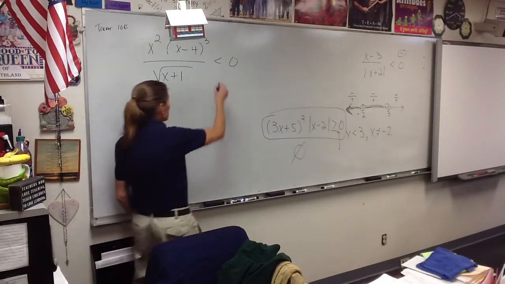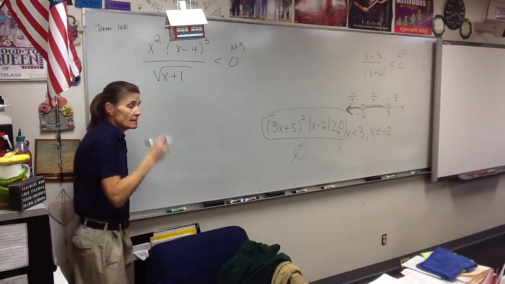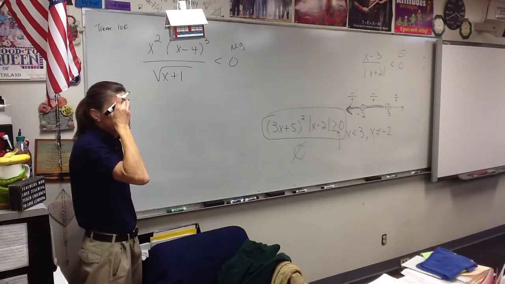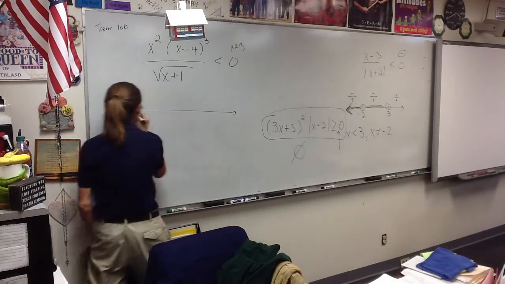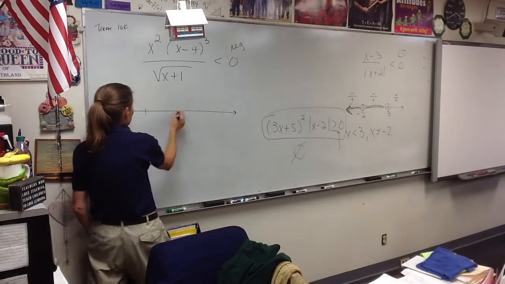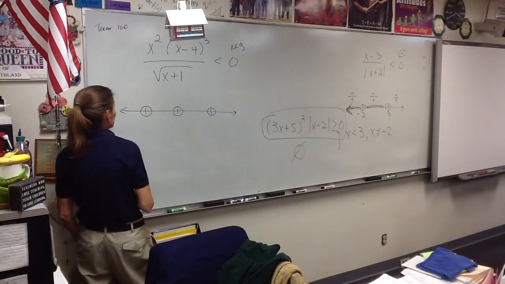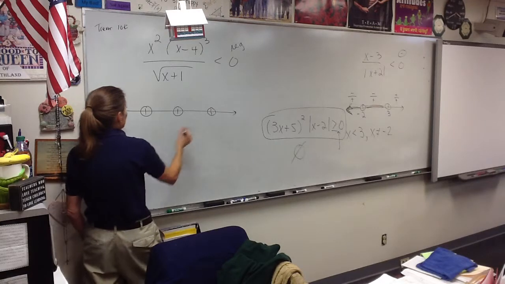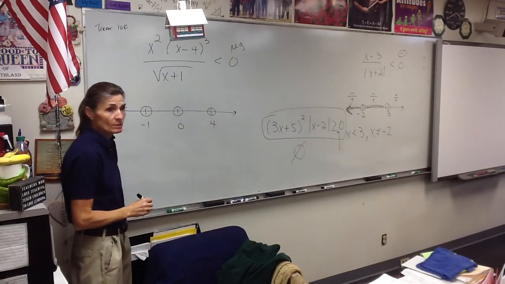I know that I need to end up negative, so whatever happens, I need to end up with a negative result. We're gonna have 3 dots in this problem. Where will those 3 dots be? 4, -1, and 0. Everybody getting those numbers?